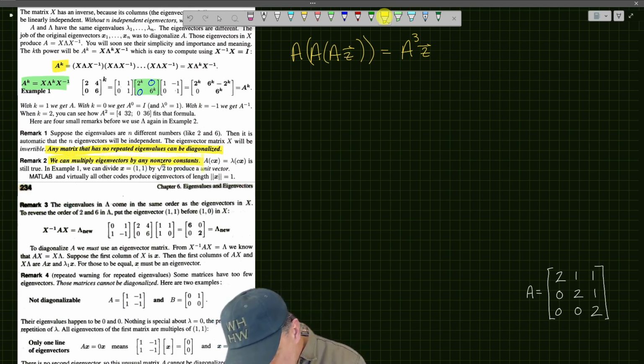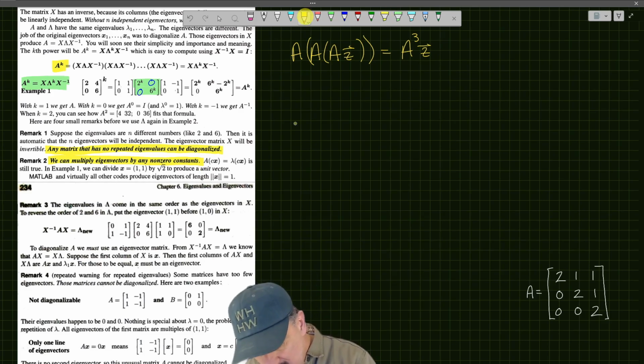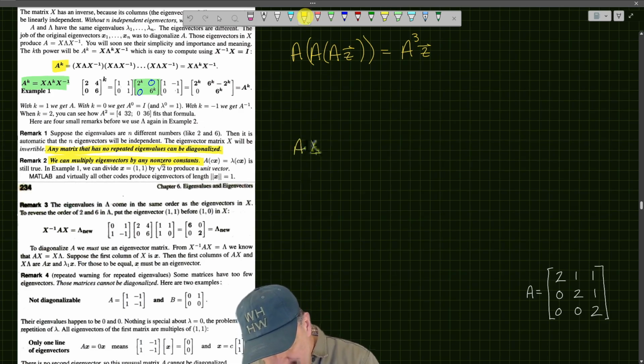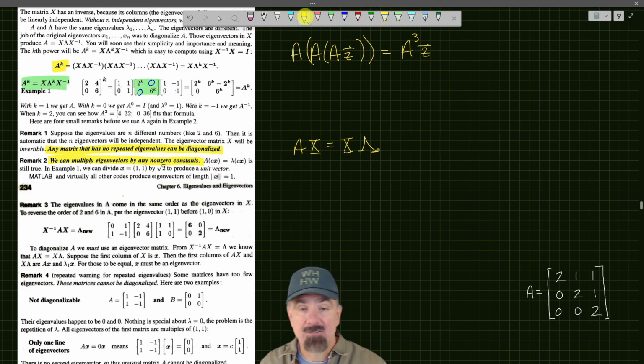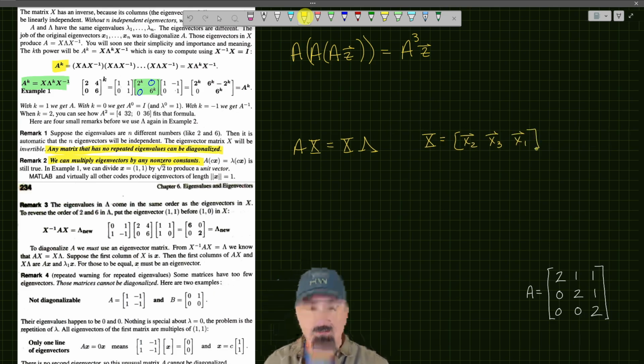Remark number two is, remember that there's nothing magical about the order of the eigenvalues and the eigenvectors. When we wrote down Ax equals X lambda, we could have defined X differently. We could have said that X is equal to the x2 eigenvector, the x3 eigenvector, and then the x1 eigenvector.